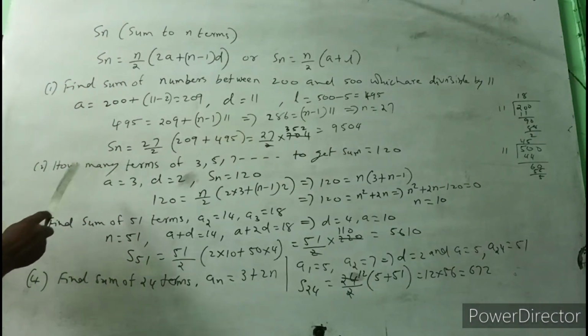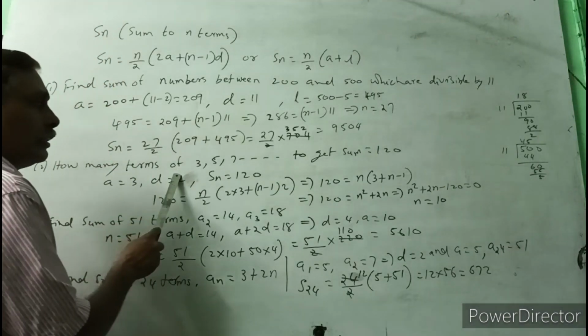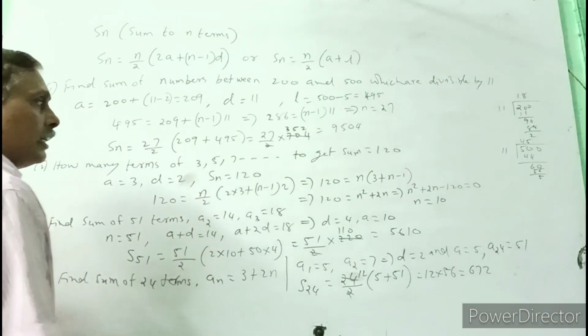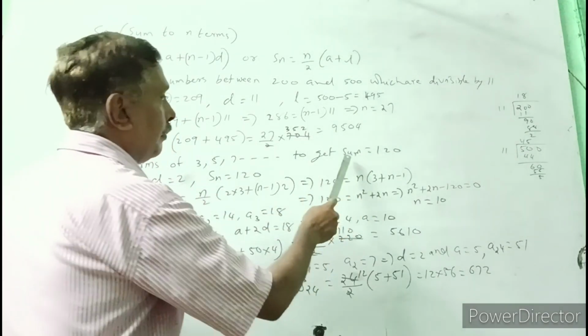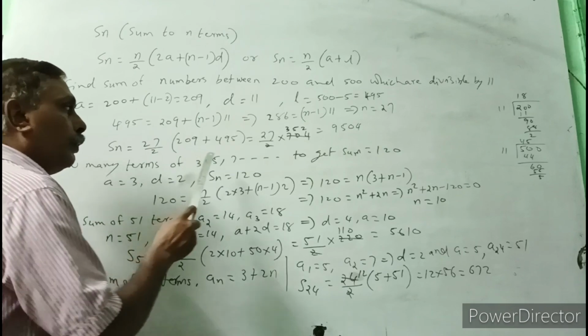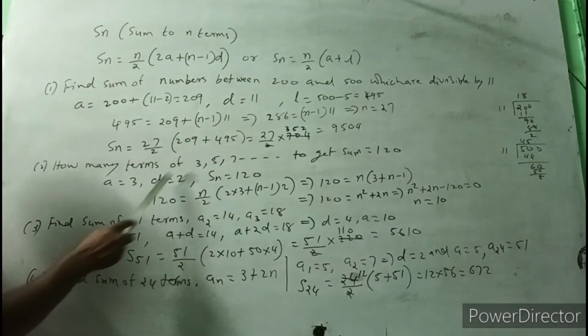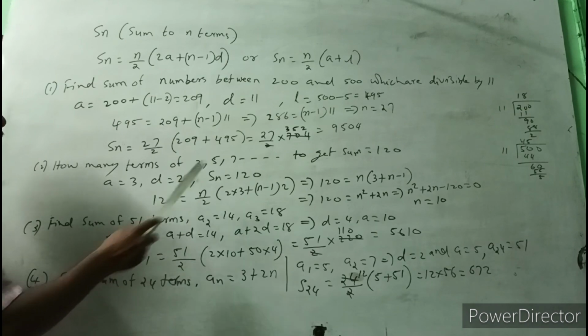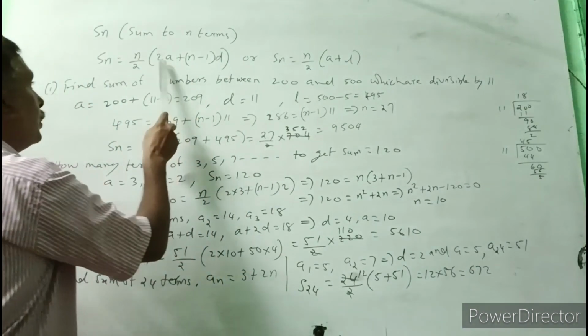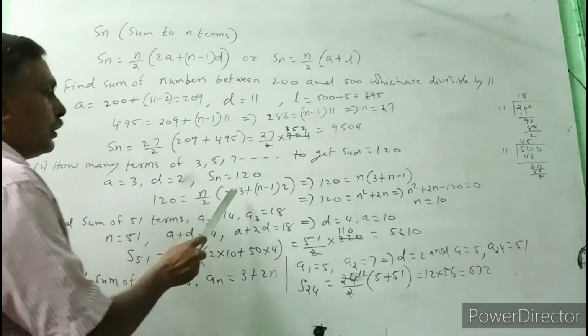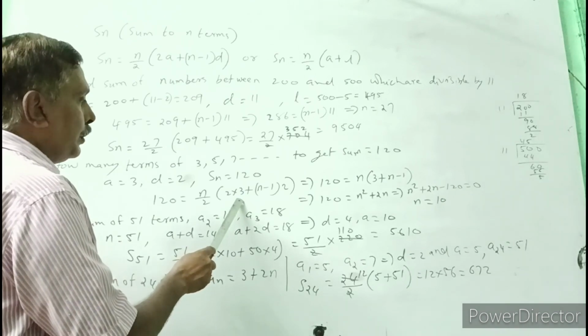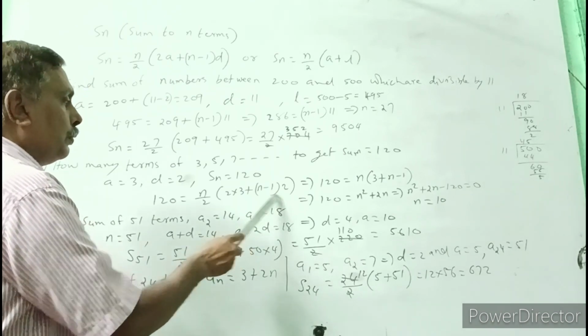Then, the second type of question: how many terms of this AP 3, 5, 7, etc. to get sum 120? Means Sn this time is given. You need to find out how many terms. Means n you have to find. a you know 3, d you know 2, substituting. Since the last term we are not knowing, use the first formula. n by 2 into 2a, that is 2 into 3 plus n minus 1 into 2.